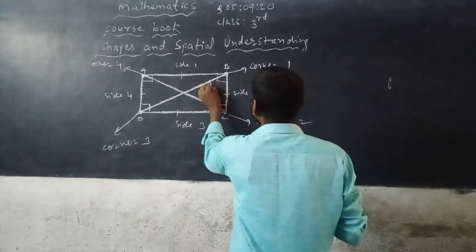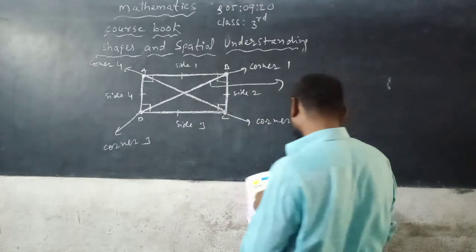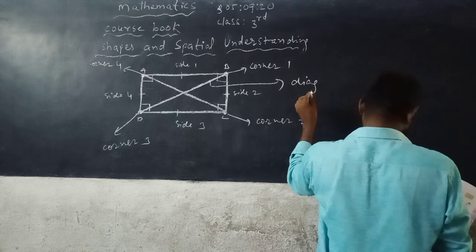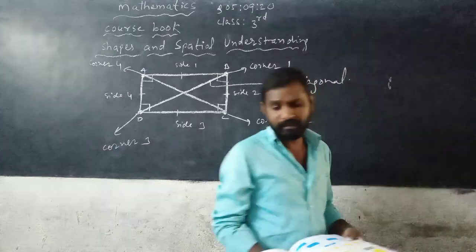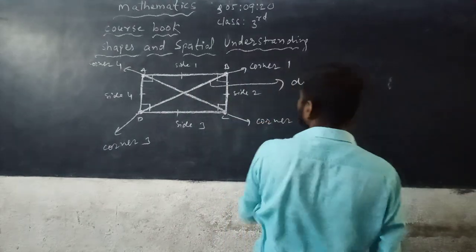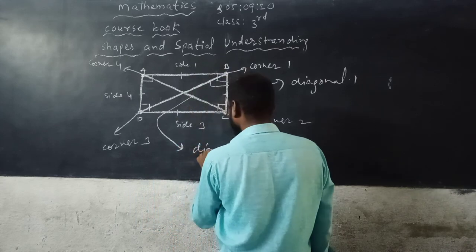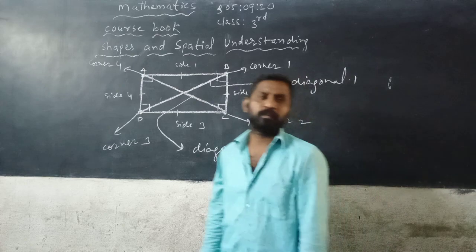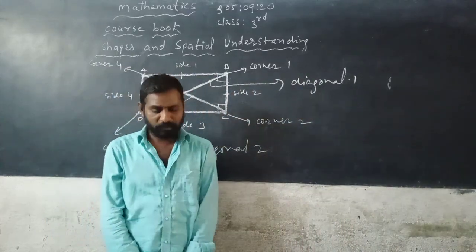This is called a diagonal. How many diagonals are there? Two. Diagonal 1 and diagonal 2. So now, next.